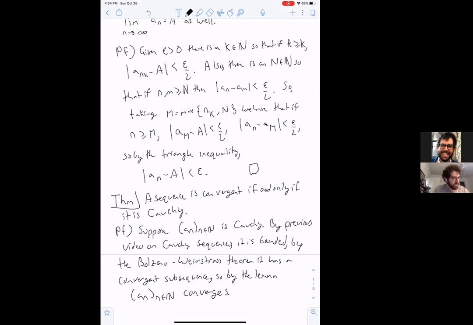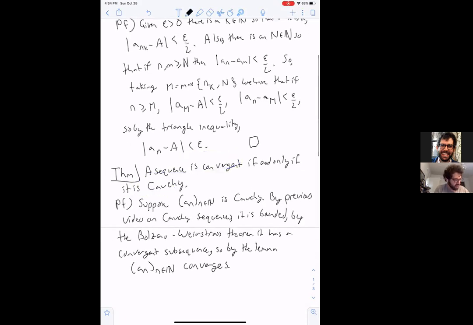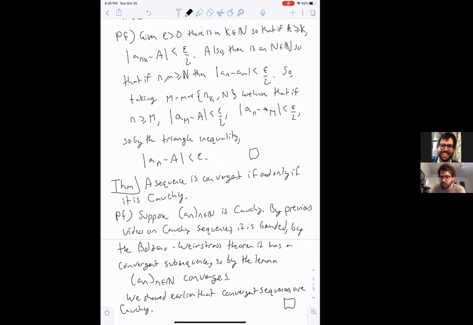Okay, so this showed that Cauchy sequences converge, and we showed earlier that convergent sequences are Cauchy. I can't stress how awesome this theorem is. Now we have a way of showing that limits of sequences exist without having to talk about what the limit actually is.